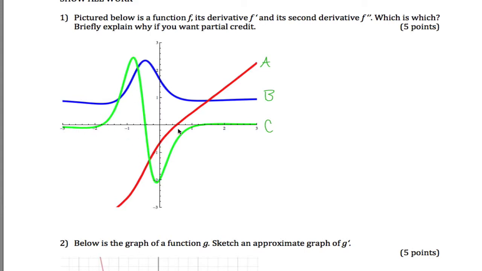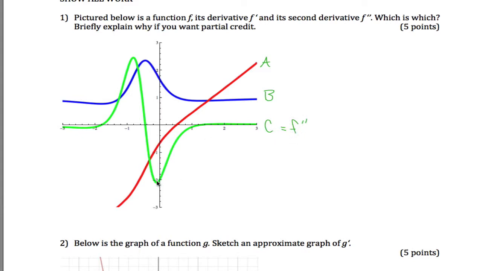It also looks pretty flat over here and over here. So the height better be 0 at a lot of different places. Well, blue doesn't have a height of 0 right here, and red doesn't either. So what that tells me is that the derivative of this thing C is not pictured. If the derivative is not pictured, C can't be f or f prime. In other words, C must be equal to the second derivative.